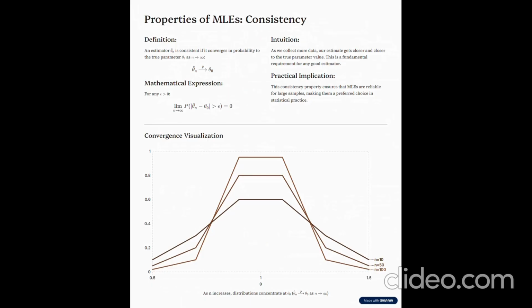It's a foundational property because it gives us confidence that our methods are reliable. Essentially, the more evidence we gather, the closer we get to the truth, making the MLE, that is maximum likelihood estimator, a highly robust choice for data analysis.